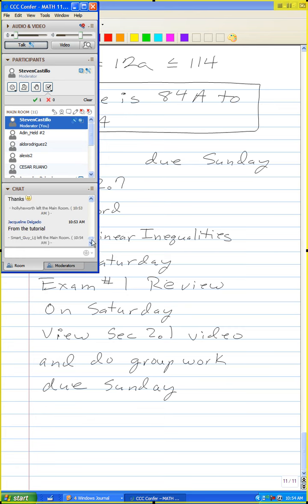From the tutorials. Oh, I just closed that. So you just go to the tutorials at the very, very top, and it's a PDF. So you can just click on it and just say save. So there, all you have to do is just say save.